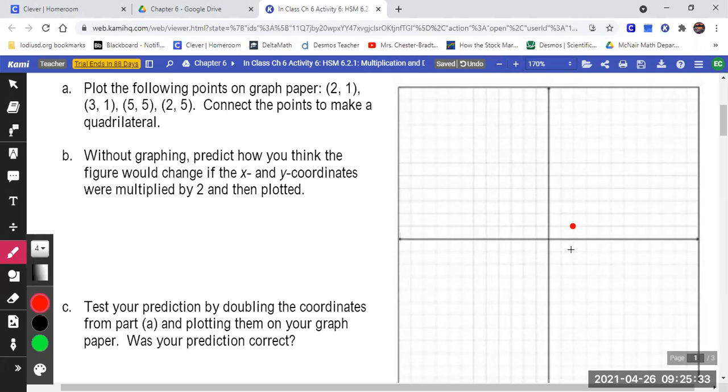All right, next one, 3, 1. That means it's over 3, up 1, right? How about 5, 5? Where's that going? If I say 5, 5, what's it going to do from the center?